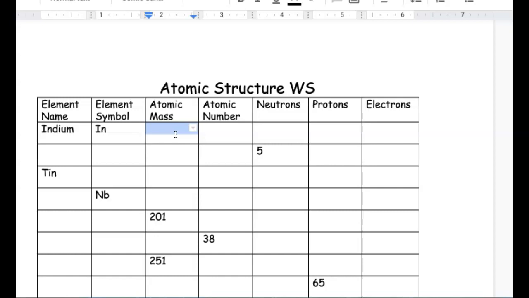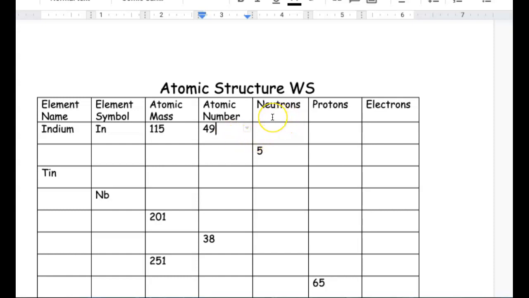My periodic table at home has a bunch of small numbers after it, but we're going to round that to 115, okay? For this assignment, please use whole numbers. It'll make it easier for the rest of this data table. Now, if I look again, I see that indium's atomic number is 49, so I'm going to type that in.